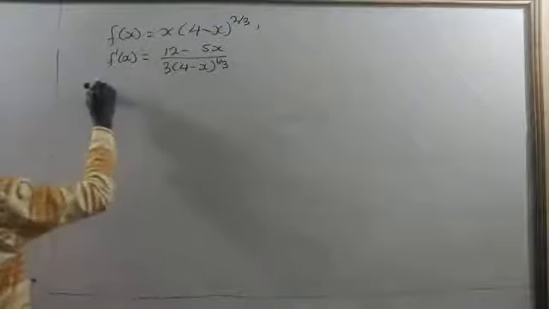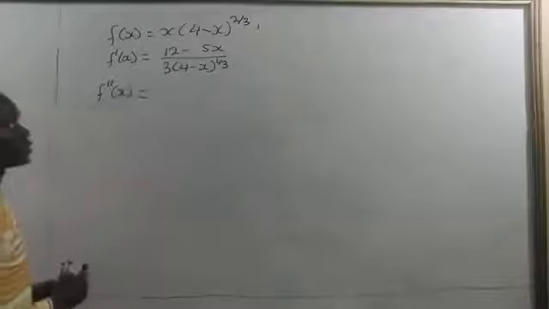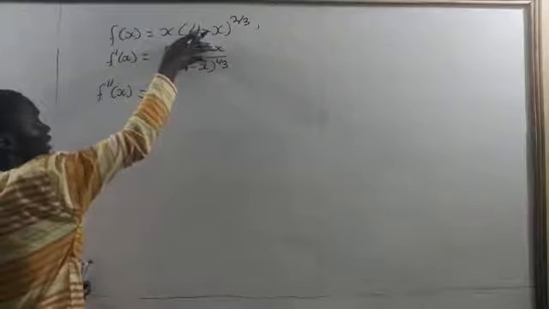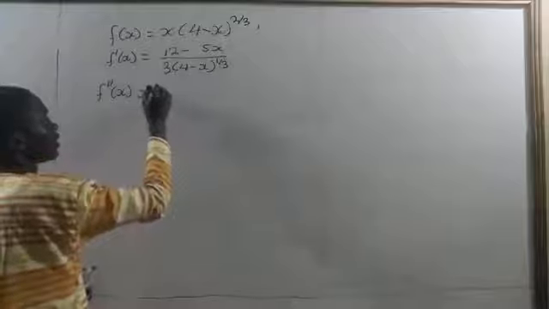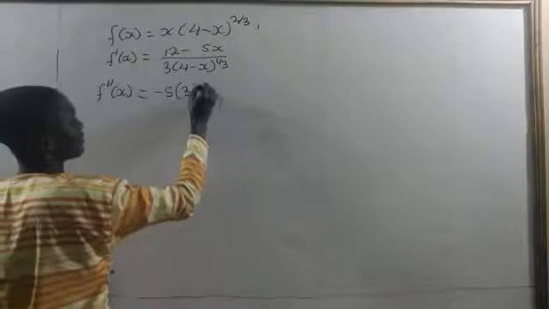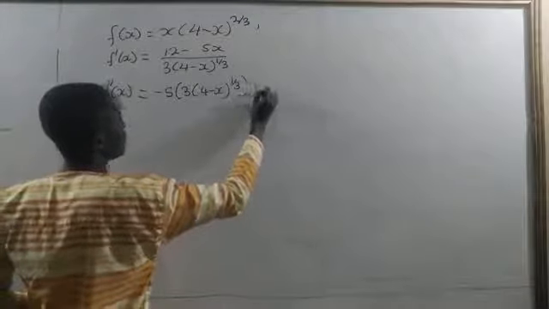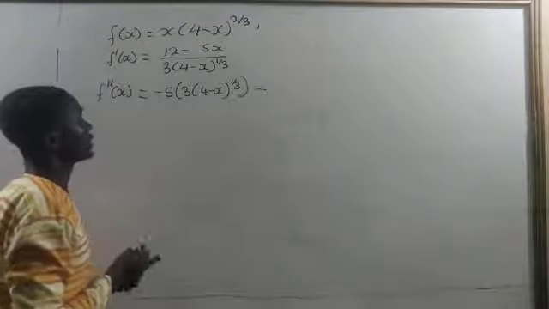Now, what is f prime of x? Here we use the quotient rule. So we differentiate the numerator and multiply it by the denominator. If you differentiate the numerator, you have minus 5 times 3 times (4 minus x)^(1/3), minus, then you differentiate the denominator.